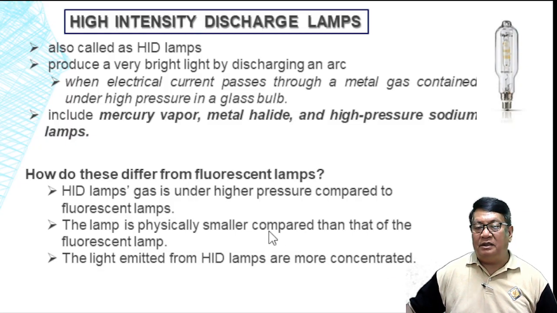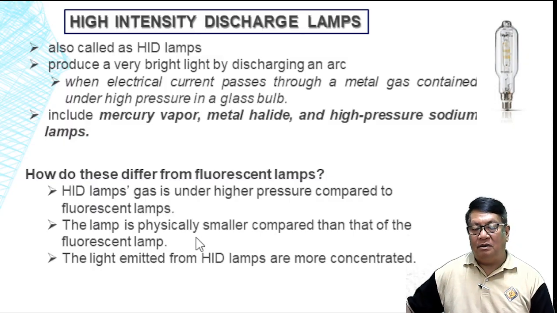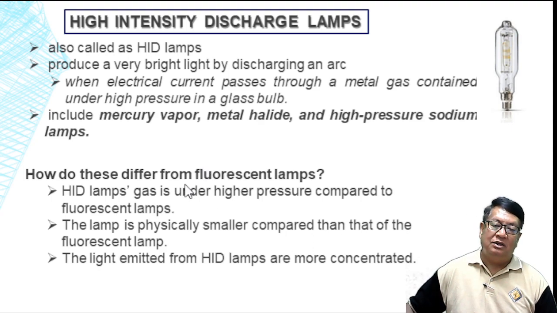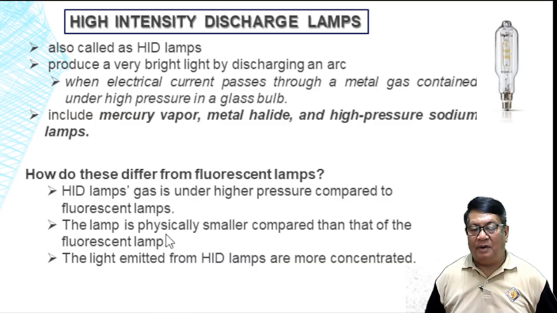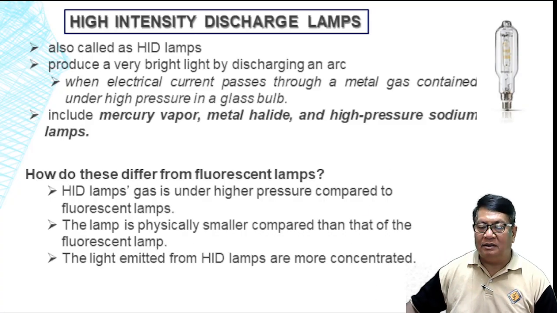In HID lamps, the gas is under higher pressure compared to fluorescent lamps. The lamp is also smaller compared to a fluorescent lamp. It gives high lumens and high intensity light, but the physical size is much smaller than a fluorescent.